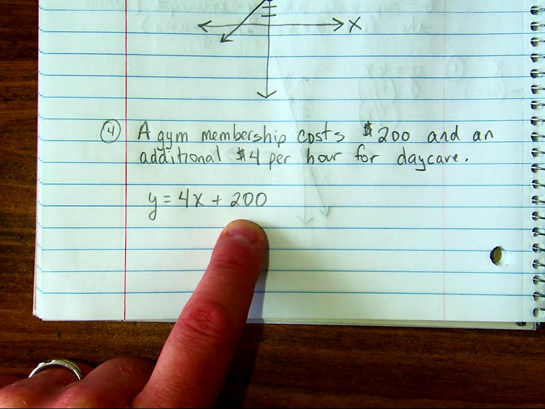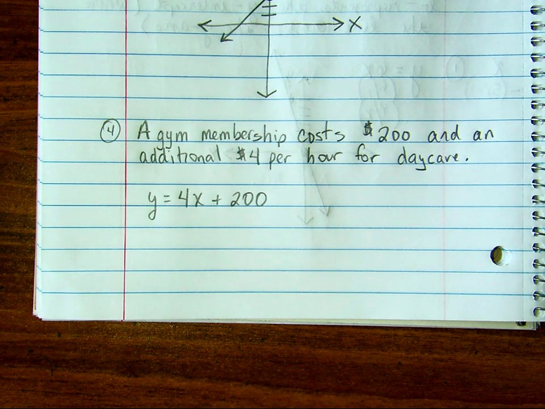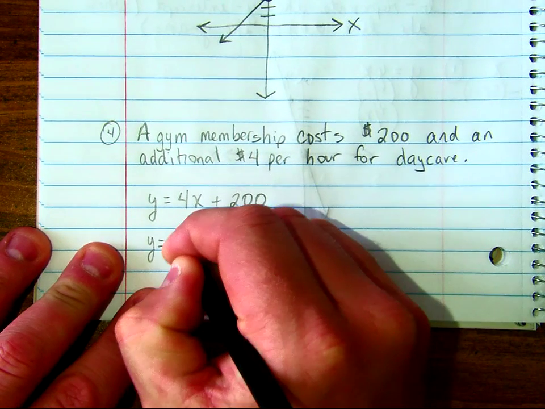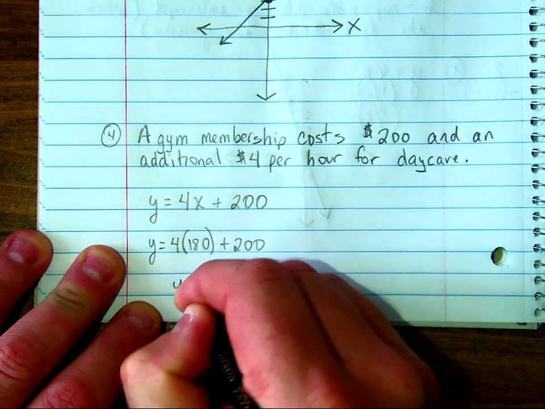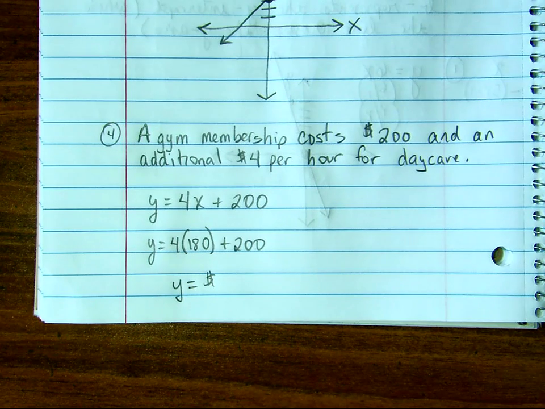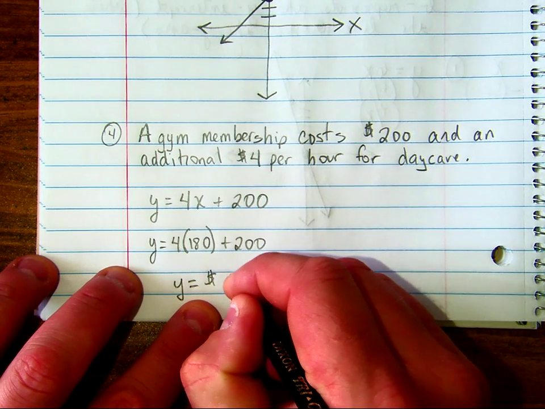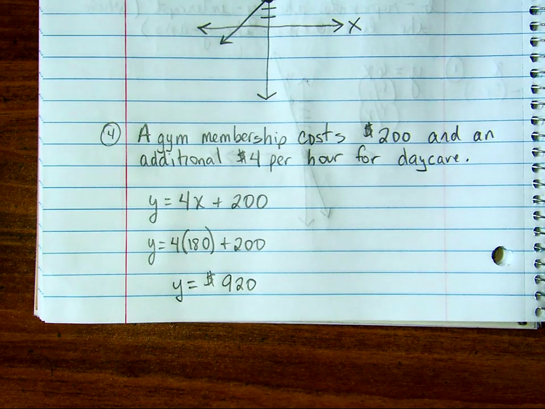So let's say for a year I work out, there's 365 days in a year. Let's say half of that. Let's say I work out for 180 hours a year. At the end of my membership, how much money do I owe? $920.